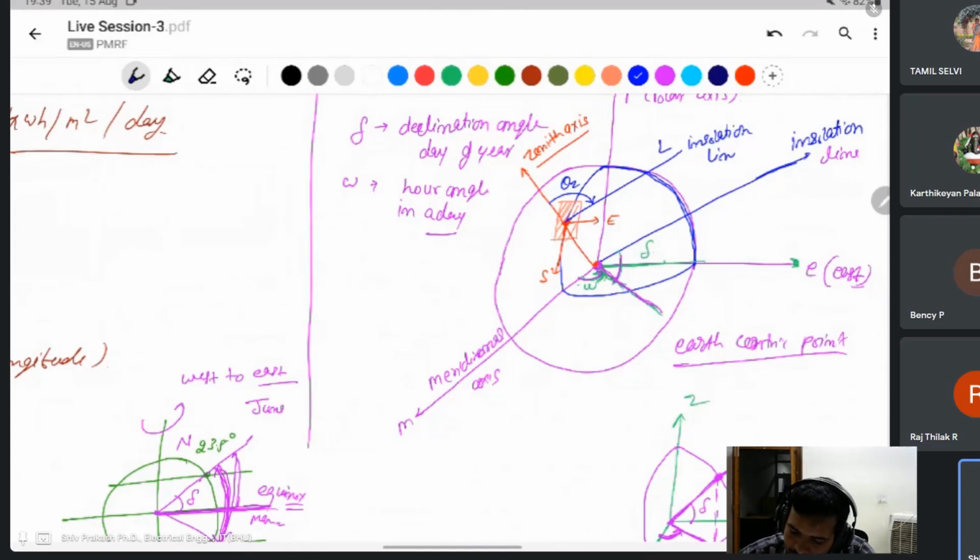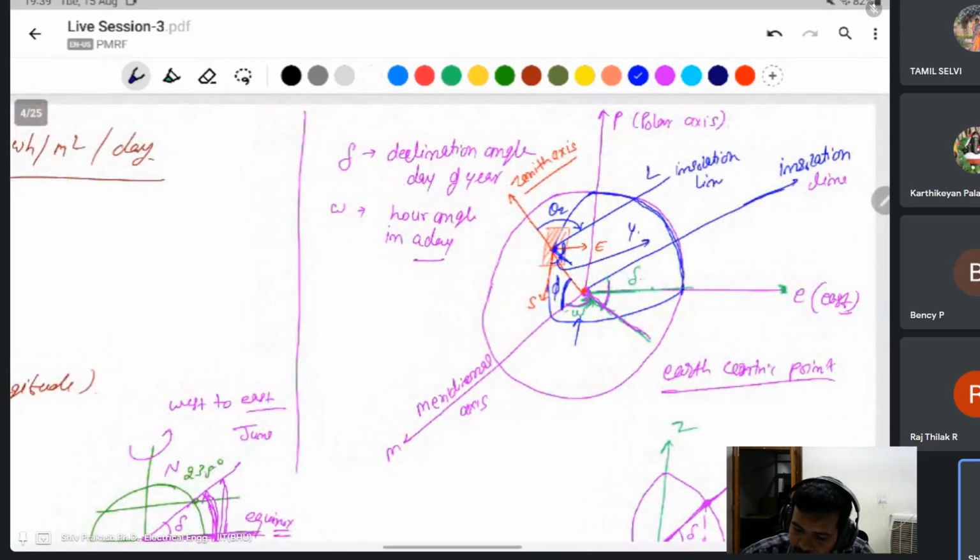And the angle between the center point and the meridian axis is phi. Same thing in the 3D axes: the projection of this one comes on the surface, and from the south, like the omega, the angle is defined as the azimuth angle.